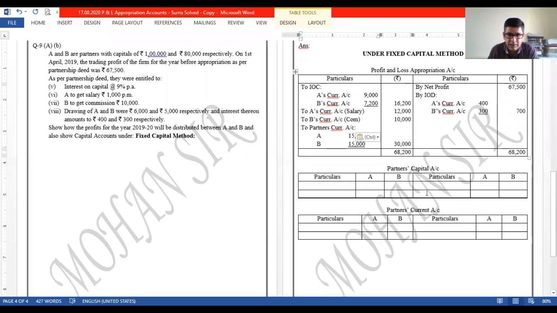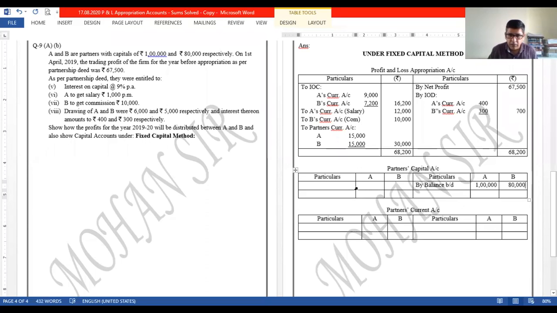Now, how do we record this? We record this in the capital account. In the capital account, I'll go with the simple balance b/d. The amount of the capital was 1,80,000, right? Let me write over there. This is 1 lakh and this is 80,000.